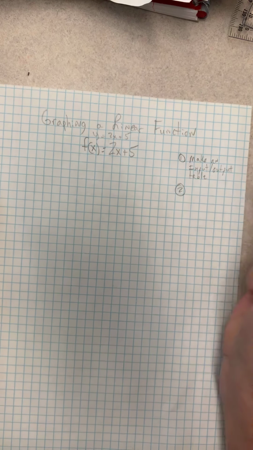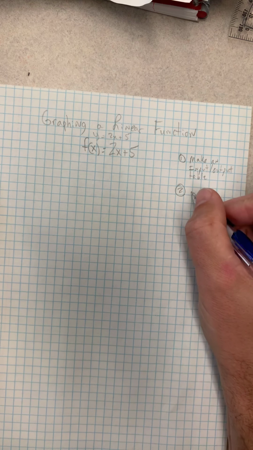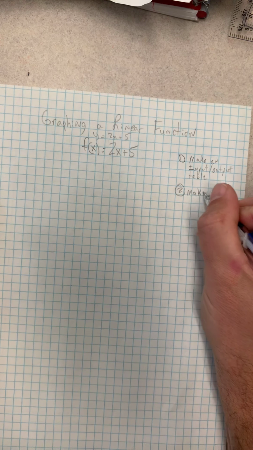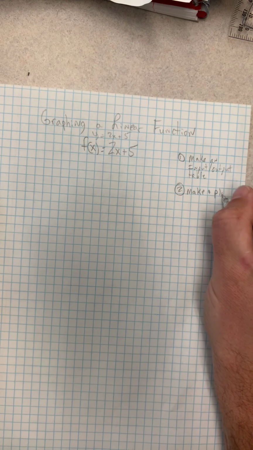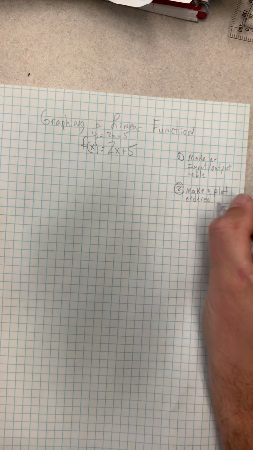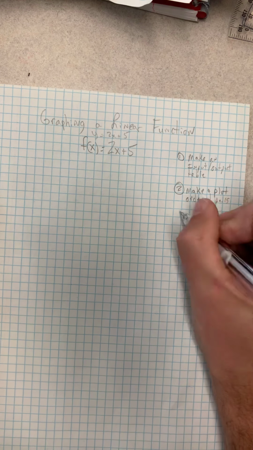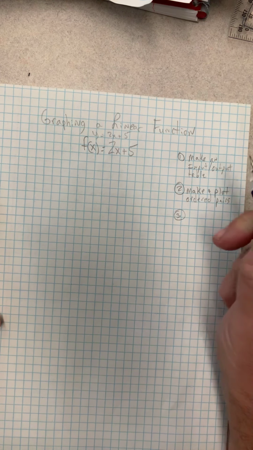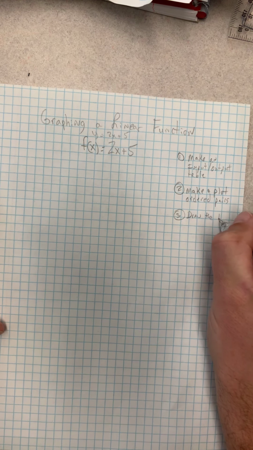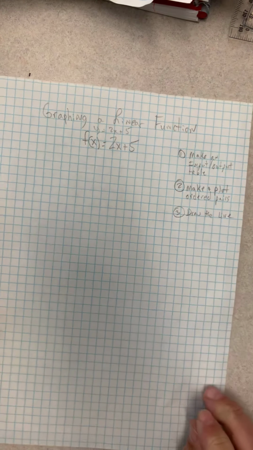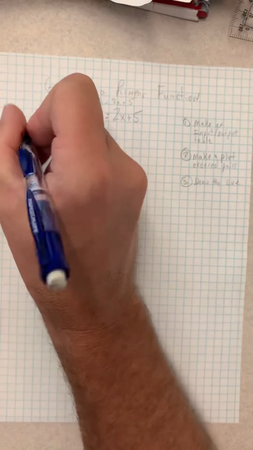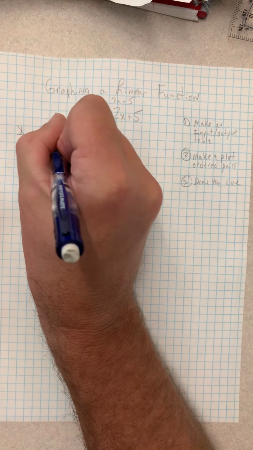From that table, our second step is to make and plot the ordered pairs. And the third thing you are going to do is draw the line. And we'll take this step by step.